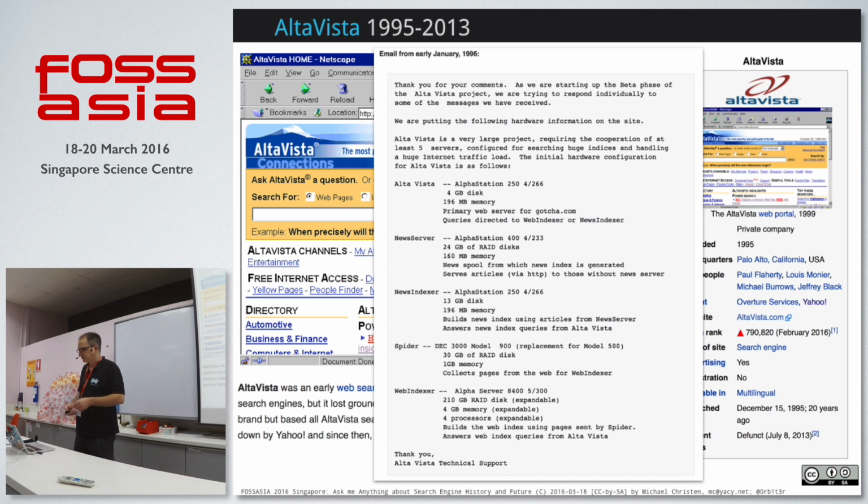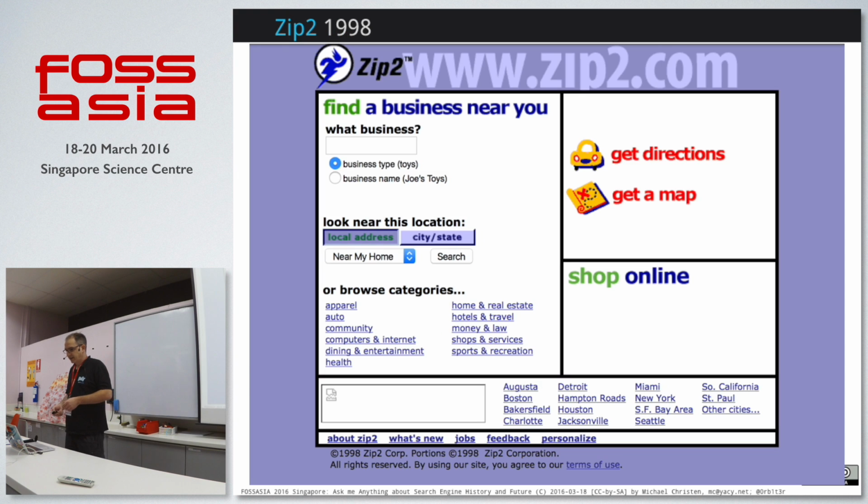But yeah, it worked. Zip2 is not really considered a search engine itself, but it's another good example of how search engines answered questions of people. Zip2 was founded by Elon Musk, who then sold Zip2 to Yahoo. Was it Yahoo?